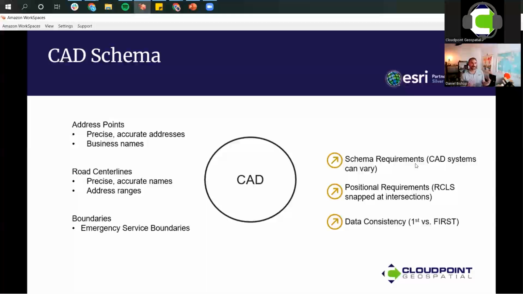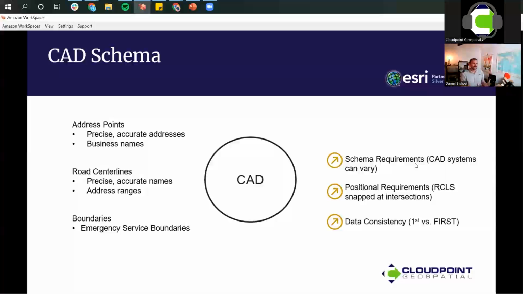That's that alignment between geometry recommendations and requirements. And then data consistency. We can have some issues here with data consistency. We have an example of first represented numerically or spelled out.